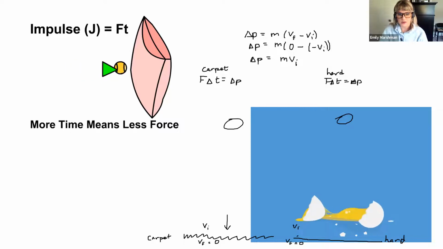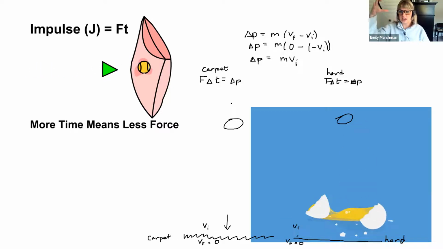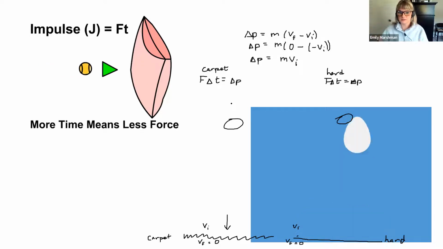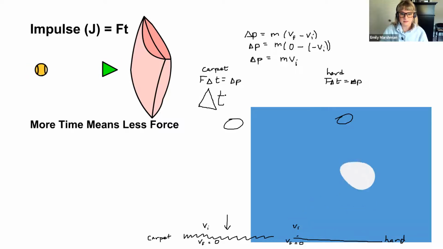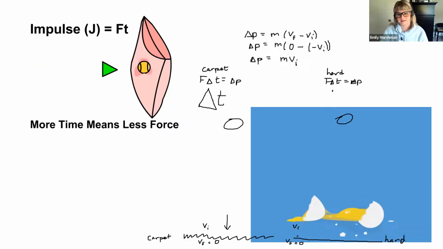Right? Both of them have the same change in momentum, but what's different here? Okay, you might have already guessed it that the time of impact is different, right? The carpet lengthens the time of impact. It's a cushion. Okay? So delta T for the carpet is very big compared to the hardwood.